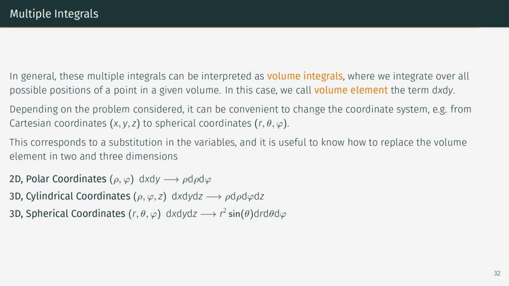And in this case, dx dy dz is transformed into rho d rho d phi dz. And we also have 3D spherical coordinates, which use r, theta, and phi. And in this case, dx dy dz is transformed into r squared sine of theta dr d theta d phi.